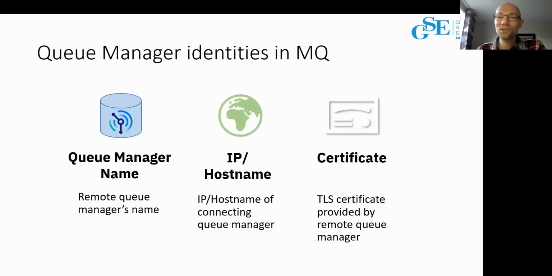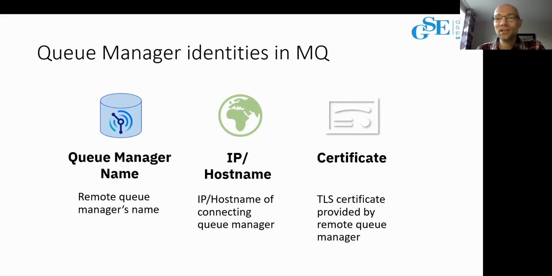Now, things are slightly different when you have a queue manager connecting into a queue manager. Not all of those things on the previous slides apply in this case. The IP address and the host name of the source queue manager does apply, as does the TLS certificate, if the connection is using TLS.